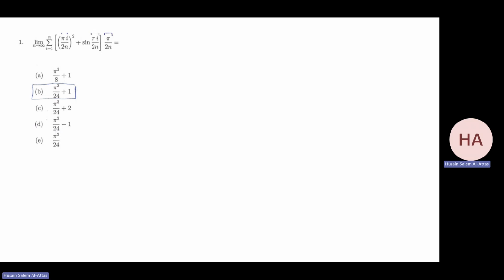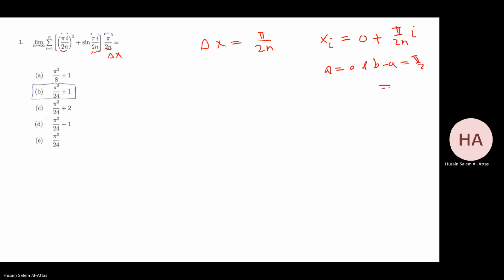I have delta x is pi over 2n, and xi is 0 plus pi over 2n i. Well, this is xi, and this is delta x. So a equals 0, and b minus a is pi over 2, so b equals pi over 2.